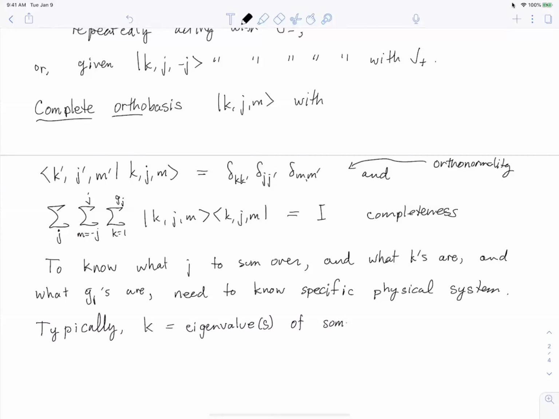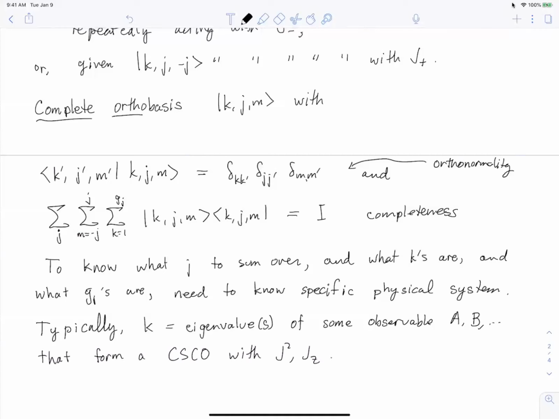But there are some observables that might be called A, B, etc., that form a complete set of commuting observables with the angular momentum ones. So together with j squared and j sub z, you have a complete set of commuting observables.